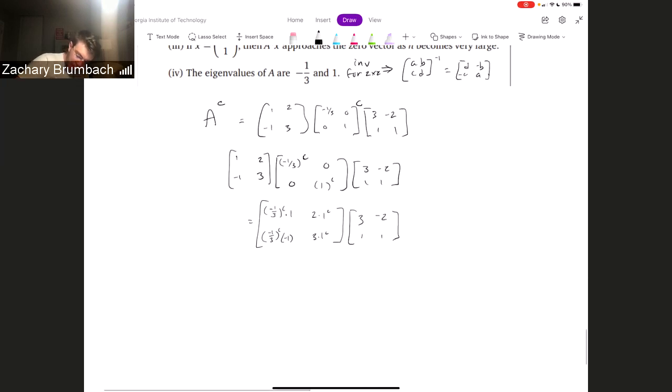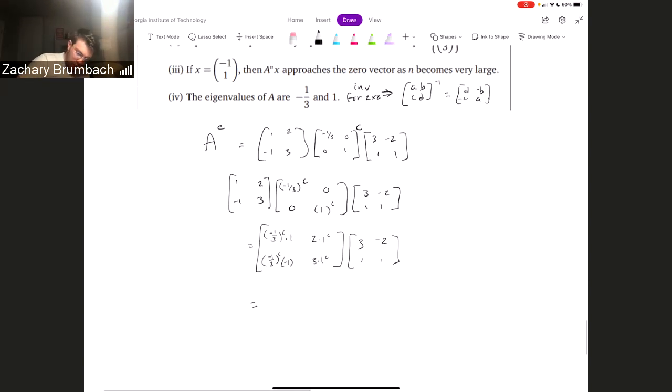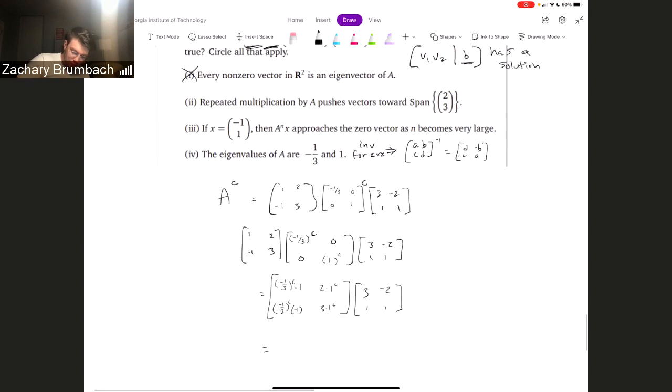Okay. So this is equal to something that pushes to the span of (2, 3).